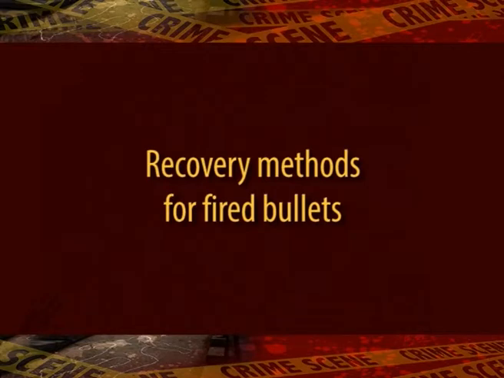Recovery methods for fired bullets. Now, if a weapon has been recovered, it will be necessary to compare fired ammunition from this weapon with fired ammunition recovered from the scene. Obtaining a series of test cartridge cases from a self-loading pistol presents little difficulty, as they merely have to be picked up. Obtaining fired bullets in a near pristine condition is, however, a little more difficult.